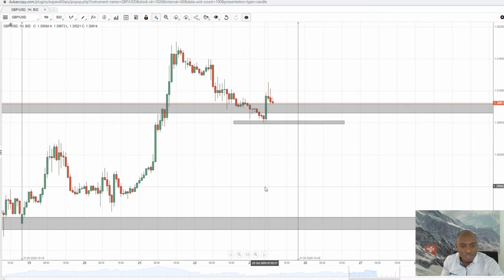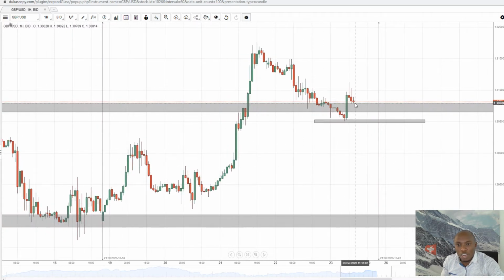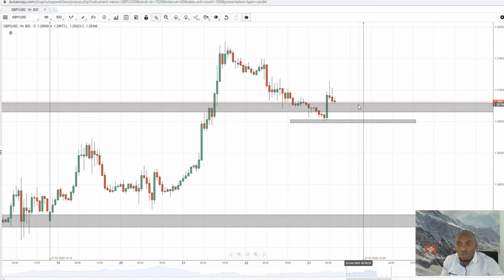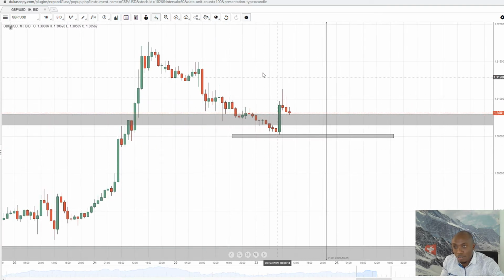So one thing I will advise you to do, you wait for a little bit of a pullback, or even not a pullback to this level. You wait for the price to form support at this zone. How?